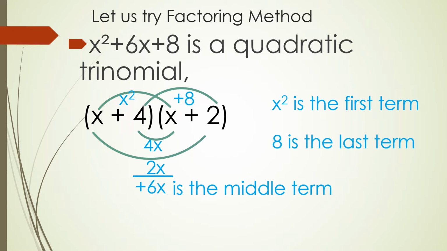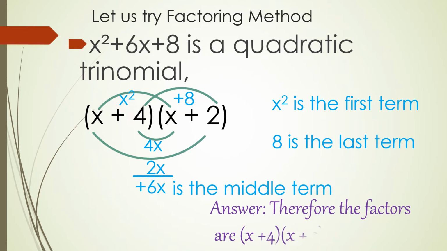So I was able to get the last term. Therefore, the factors are x plus 4 times x plus 2. So I am correct. You can use the factoring method also to get the factors of polynomials, whichever you find easier. You can use synthetic division or you can use the factoring method.